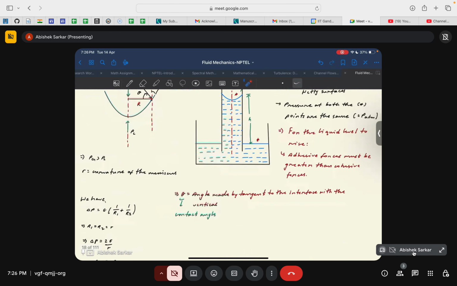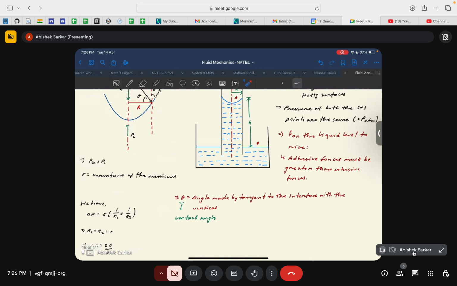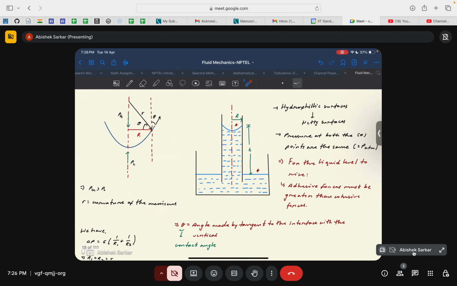In the case of capillary rise, the fluid will rise in thin tubes. Again, the important term is thin tubes: the fluid will rise because of the cohesive forces between the liquid molecules and the surface of the tube, which is for example glass in this case.